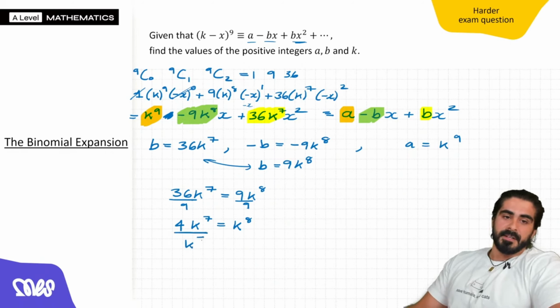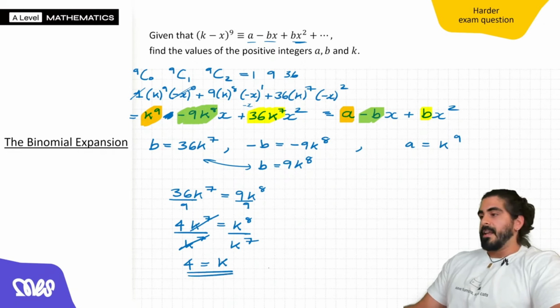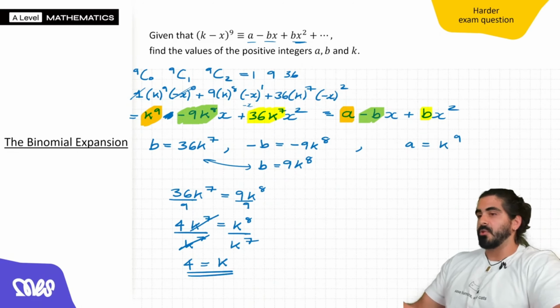Divide both sides by k to the power of 7. The k to the power of 7 here would cancel. We're left with 4. k to the power of 8 divided by k to the power of 7, we take away the powers. We're left with k. And now that we have the k value, everything else sorts itself out.